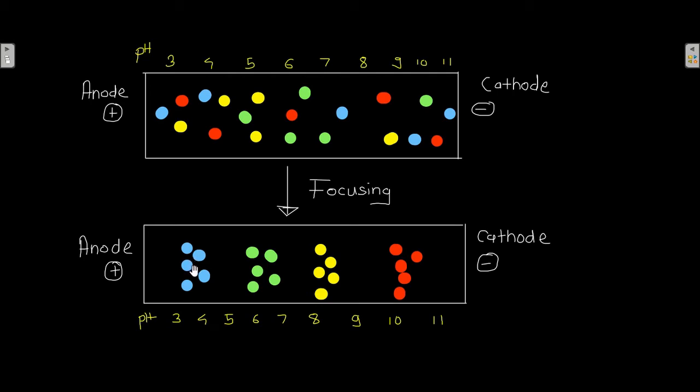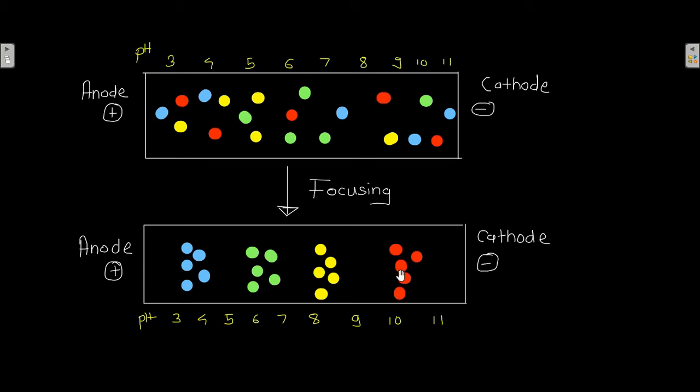Similarly, the proteins in green have isoelectric points between 6 and 7, and that is the reason why they stayed in this range of pH. So as you are separating the molecules on the basis of their mass, you are also separating on the basis of their charge.